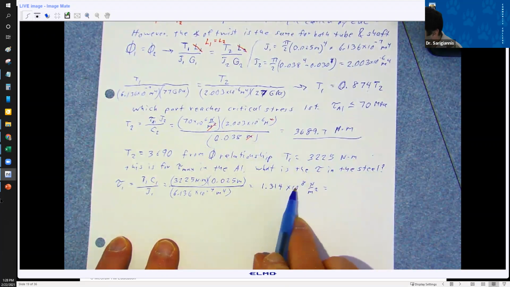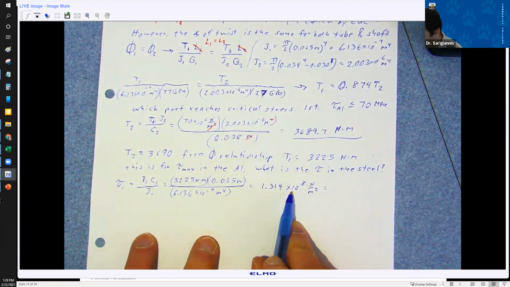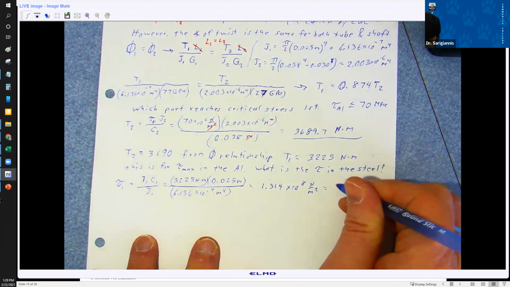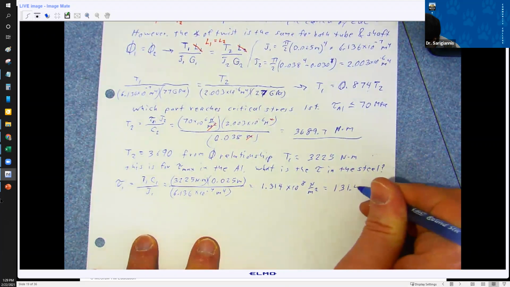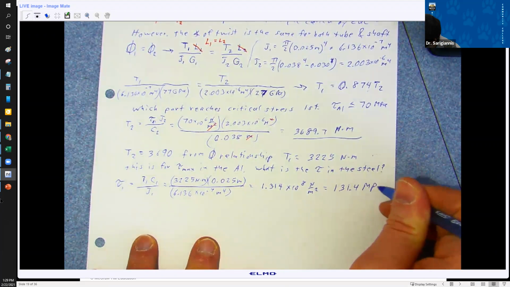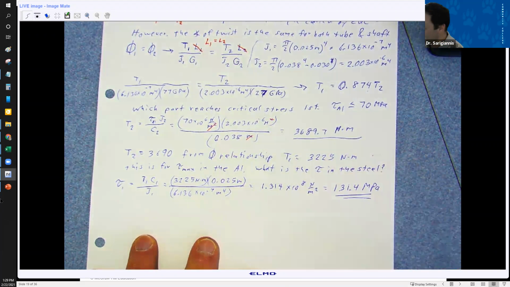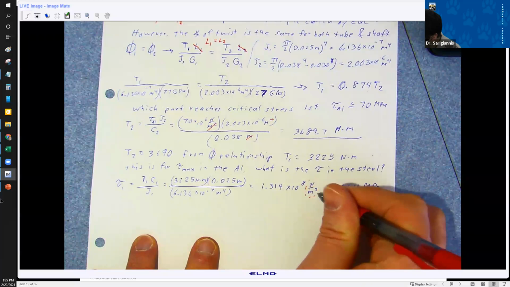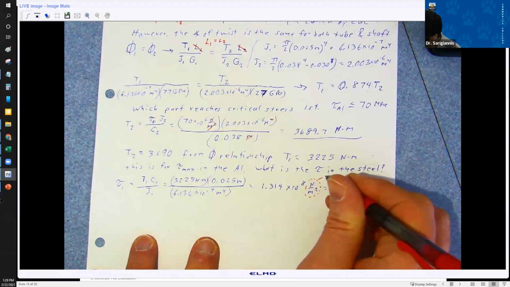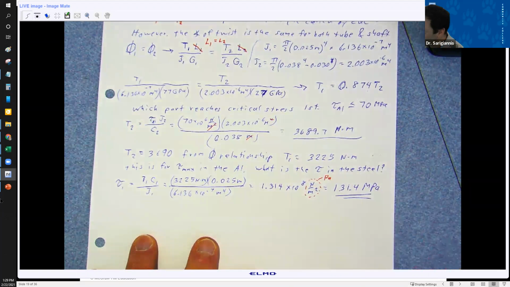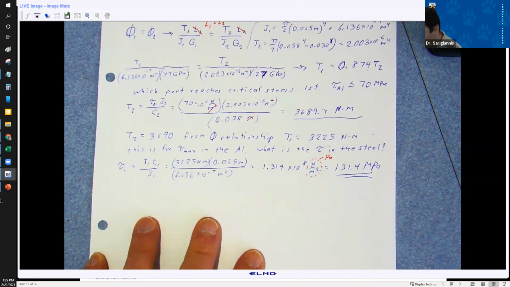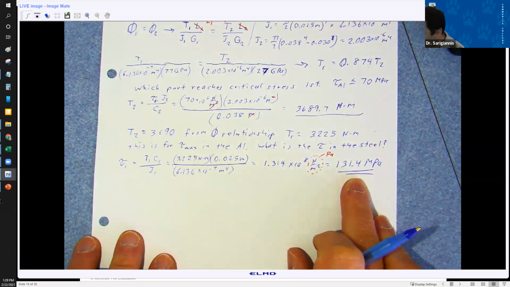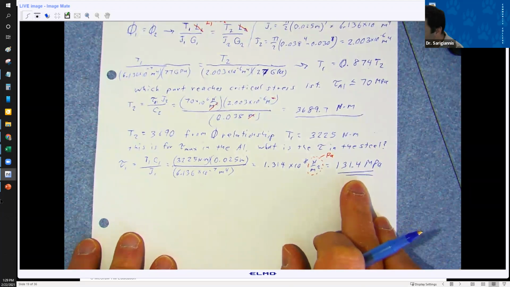This is obviously more than enough to get to a megapascal, right? A megapascal is times 10 to the 6th. So here we've got 131.4 megapascals, right? So, what is the allowable stress in the steel?